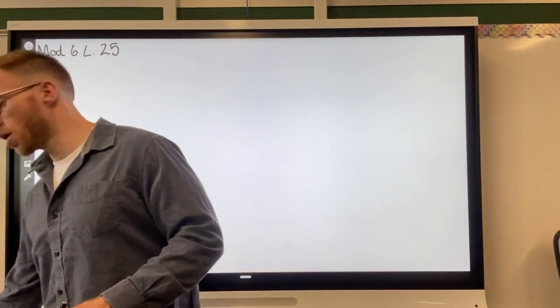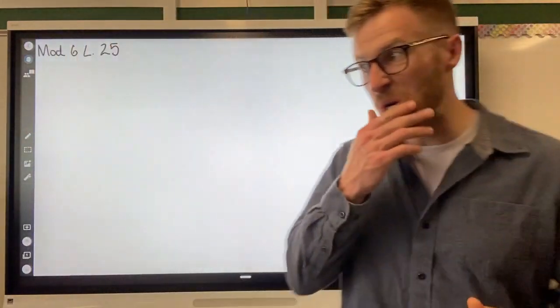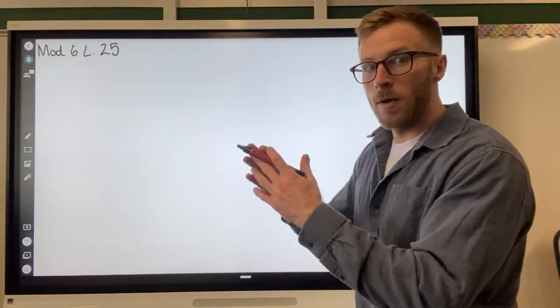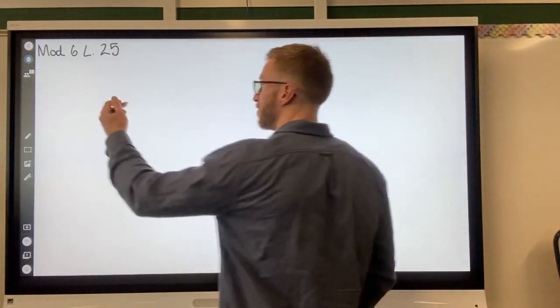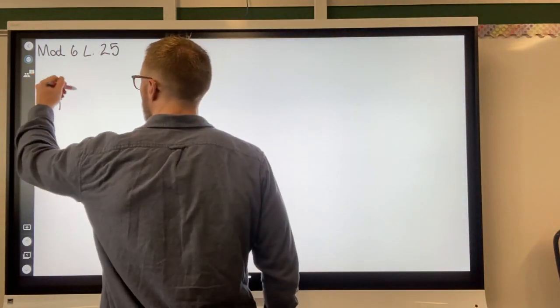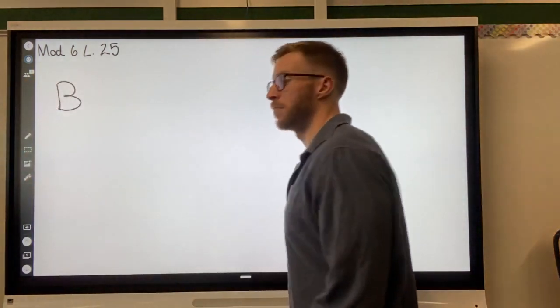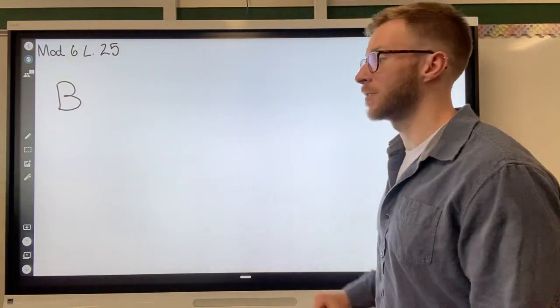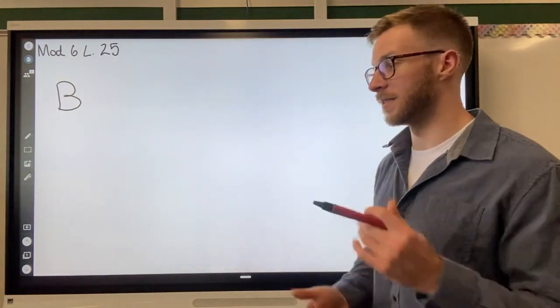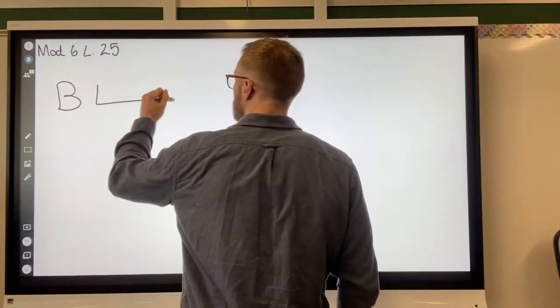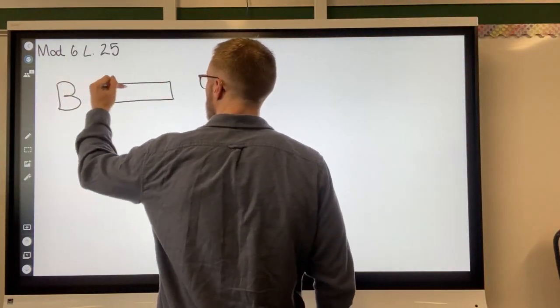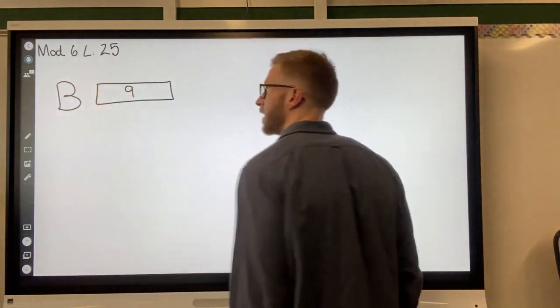So I'm going to show, using a rectangle, the amount of times Ben played. I'm going to put a B for Ben. Now we're going to show how many times he played on his banjo. So this is for his 9 times.